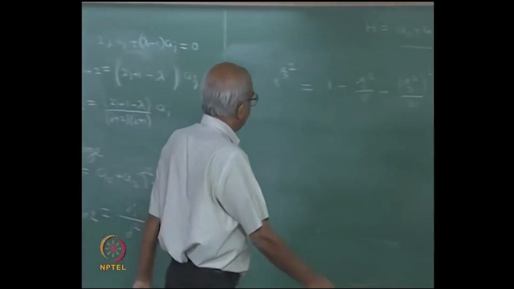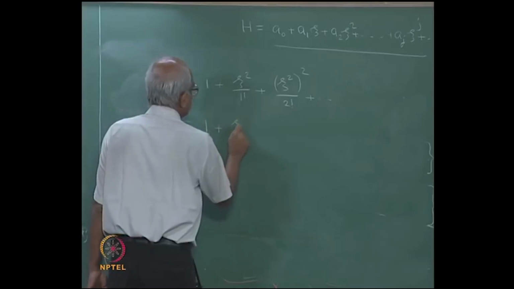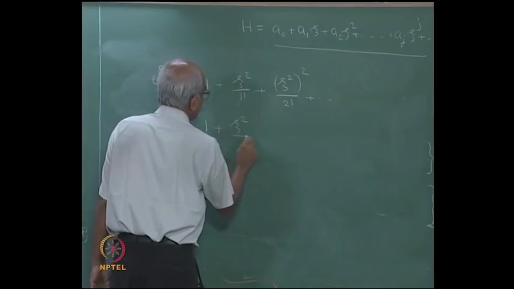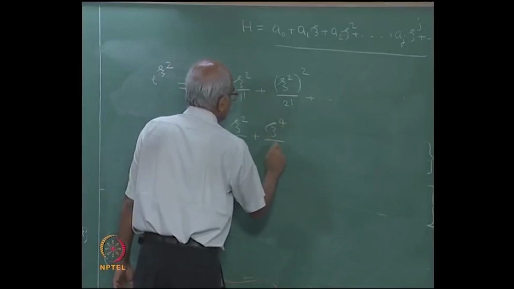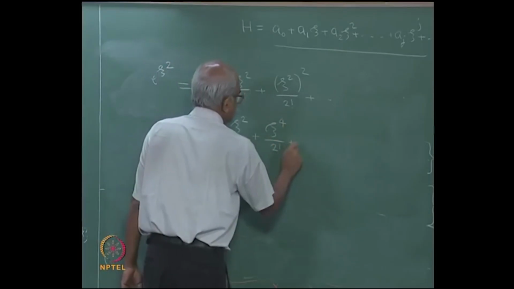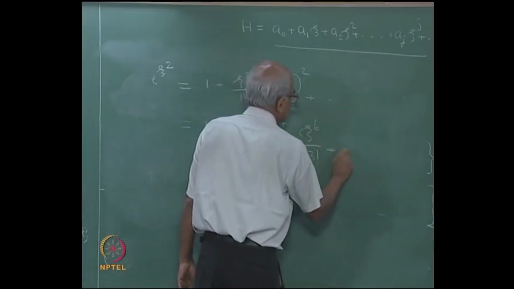This is what is going to happen, which may be written as 1 plus c square by 1 factorial plus c to the power of 4 by 2 factorial plus c to the power of 6 by 3 factorial plus etc.